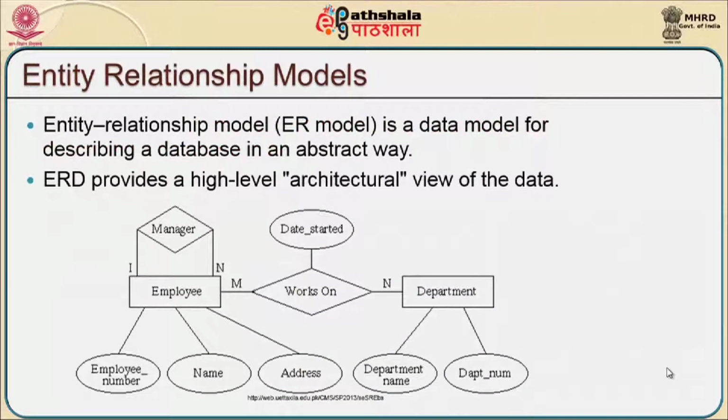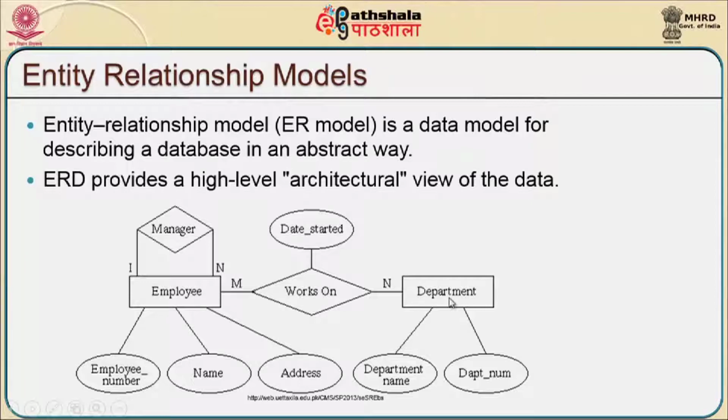One other representation is the entity relationship model. This entity relationship model is a data model for describing a database in an abstract way. Say I have to give a relationship between an employee and a department, then I put a relationship called works on.